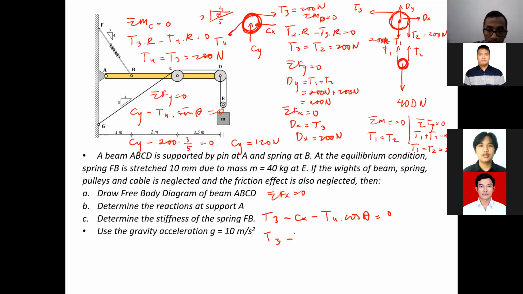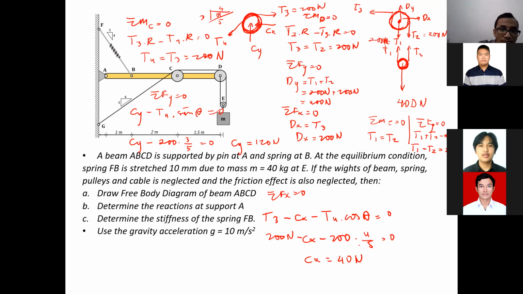T3 is 200 Newton, minus Cx, minus T4, which is 200 as well, times cos theta, which is 4/5, equal to 0. So Cx is equal to 200 minus 200 multiplied by 4/5. That is 200 minus 160, so Cx is 40.